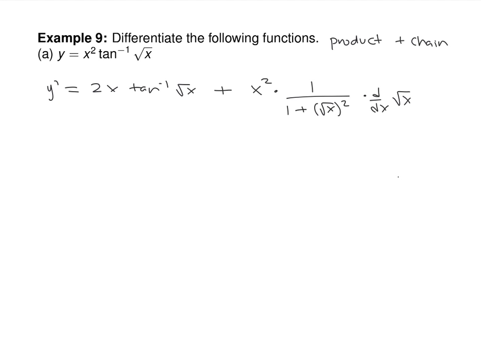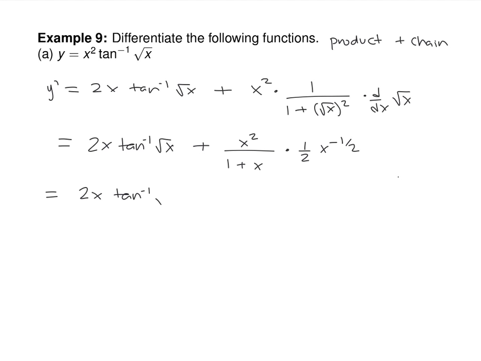Okay, so simplifying slightly, that's 2x tan inverse of root x plus x squared over 1 plus x, right? Now what's the derivative of root x? It's 1/2 x to the power of 1/2 minus 1, which is negative 1/2. If you're going to write this simplified as a denominator, just be a little bit careful. I'm going to make a mistake on purpose.